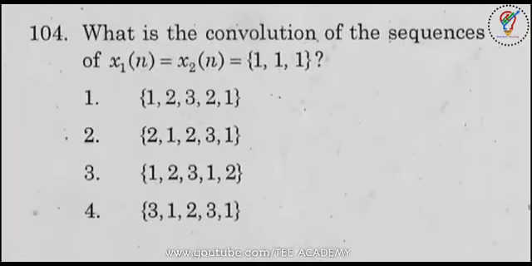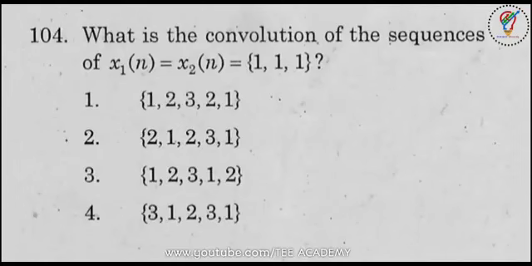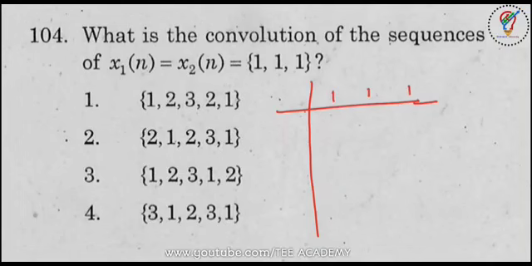Okay, next question: what is the convolution of the sequence x1 of n equal to x2 of n equal to 1 1 1? It's simple, so we'll use the convolution principle. Both x1 of n and x2 of n are 1 1 1. We simply cross multiply: 1 into 1 gives 1, and similarly each element of x1 multiplies with all elements of x2, giving 1 1 1 in each row.